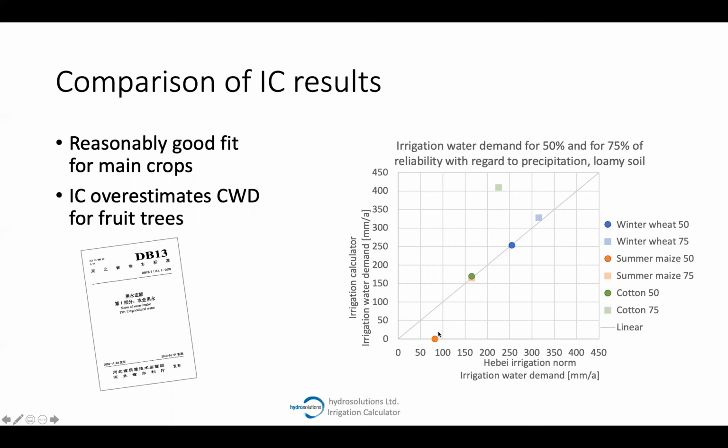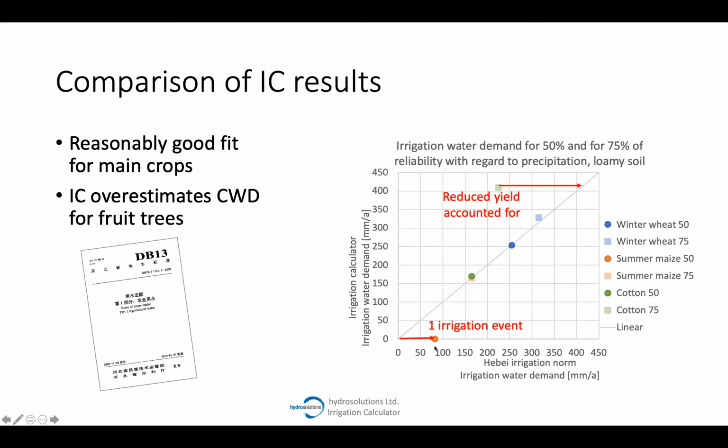There are two differences here. That is cotton in dry years, and we assume that the irrigation norm accounts for a reduced yield in dry years. And we have here summer maize in normal years, where the irrigation calculator says that no irrigation is necessary, but the Hebei irrigation norm allocates about 60 or 70 millimeters.